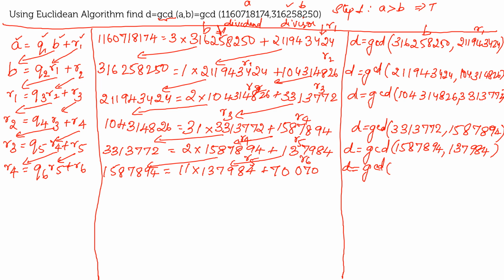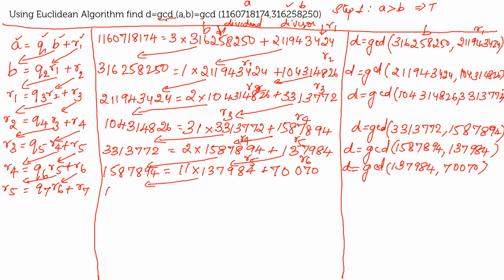Okay, so R5 is equal to 137984, comma 70070. Okay, so in the next step you will be shifting this. R5 will be equal to, new quotient will be equal to Q7 into R6, plus new remainder will be equal to R7.